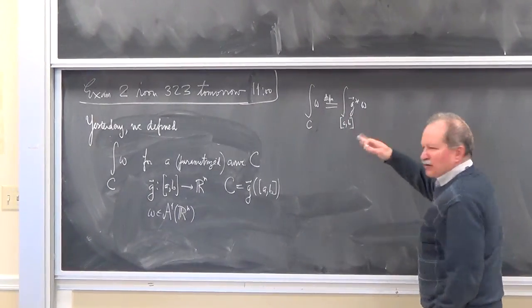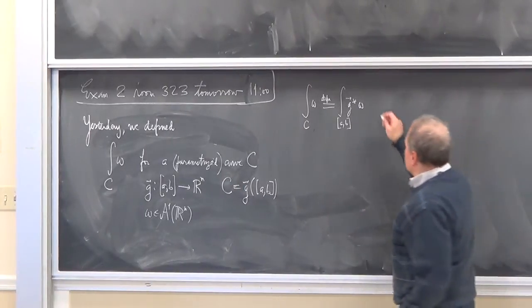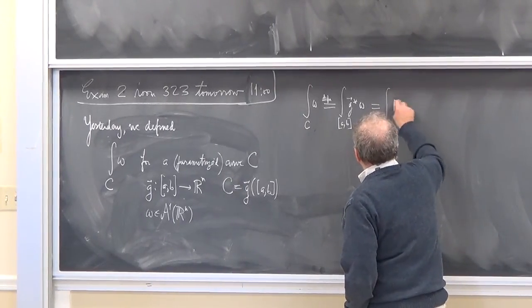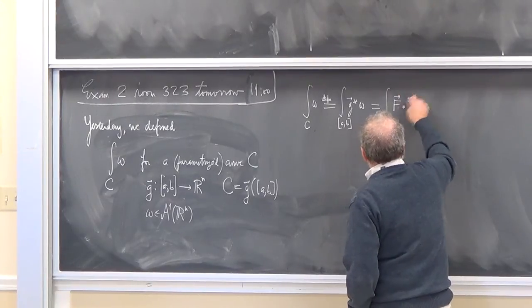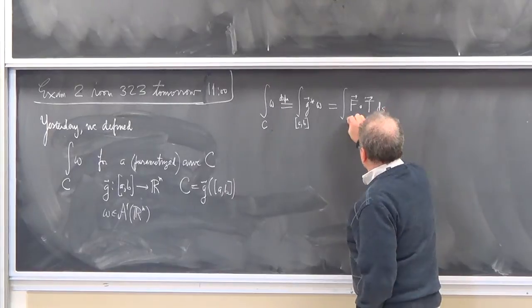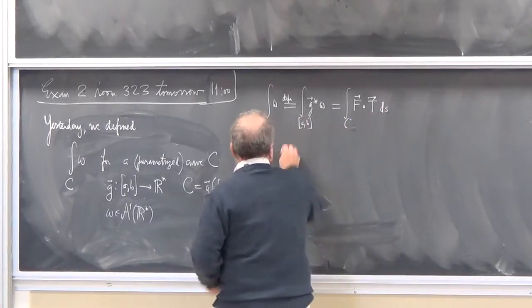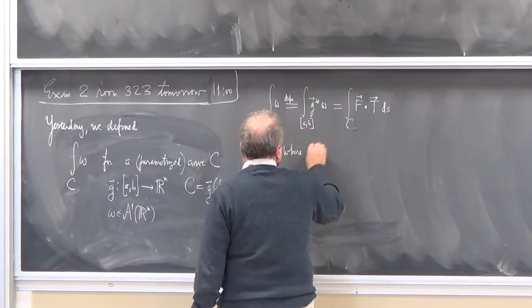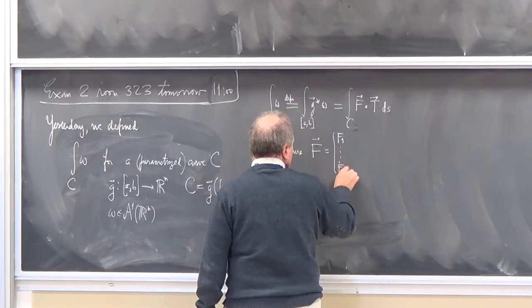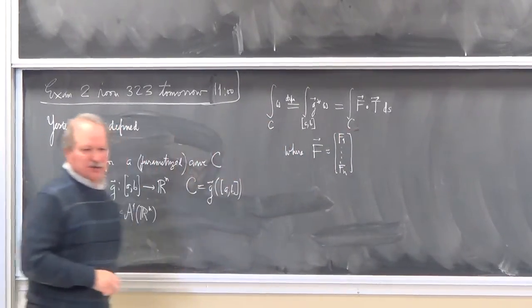And we went through the steps, and we saw that that was the same thing as actually integrating the component of f in the direction of the unit tangent vector, where f is the vector field that you get corresponding to the one-form.